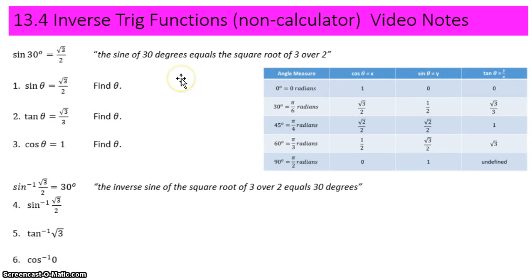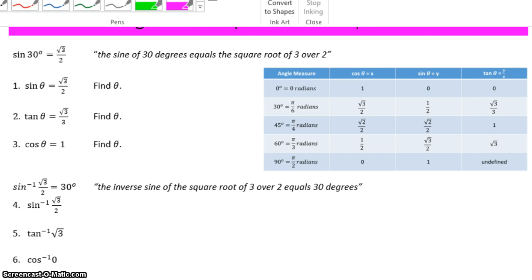So this right here is the table that we just filled out, and we know how to read this, of course, as the sine of 30 degrees equals the square root of 3 over 2. So if I gave you the sine of theta, the sine of some angle is square root of 3 over 2, you could look over here at your table, you could look under sine, and you would find square root of 3 over 2.